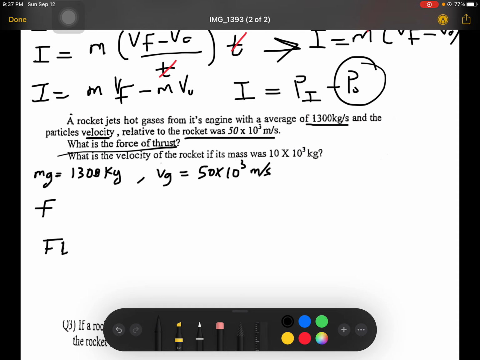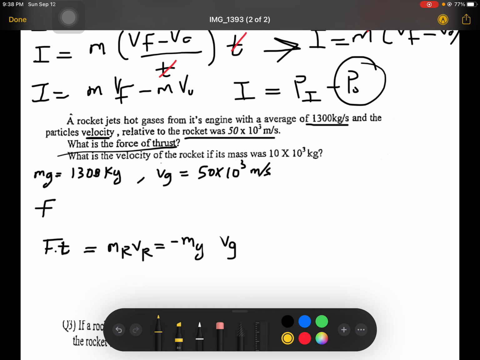Let me write it: F times t equals M of rocket times V of rocket equals negative M of gas times V of gas.